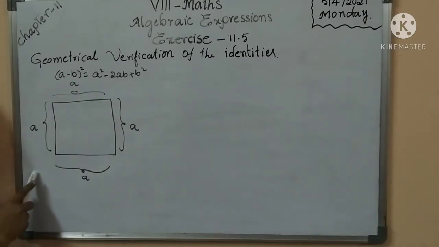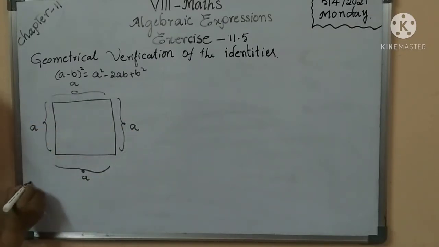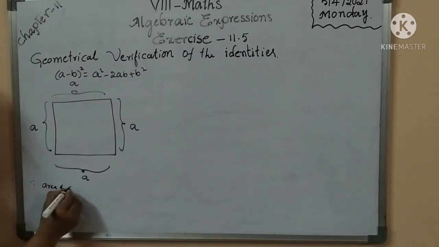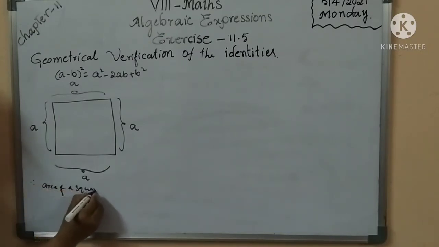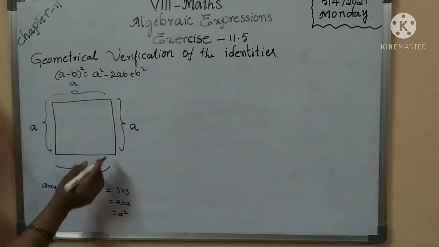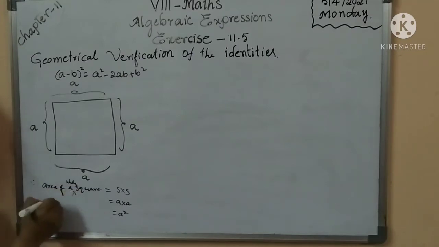So first we have to take the square. The total distance, all sides are the same, so that is A. Therefore, the area of a square is equal to side into side. So what is the side here? A into A equal to A square. So it is the whole square. The area of the whole square equals side squared, A square.